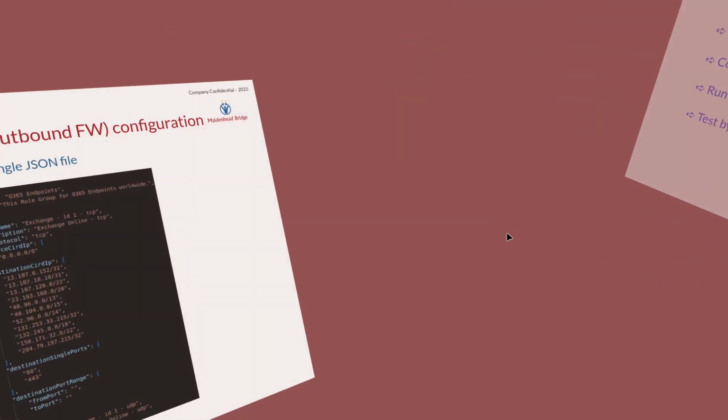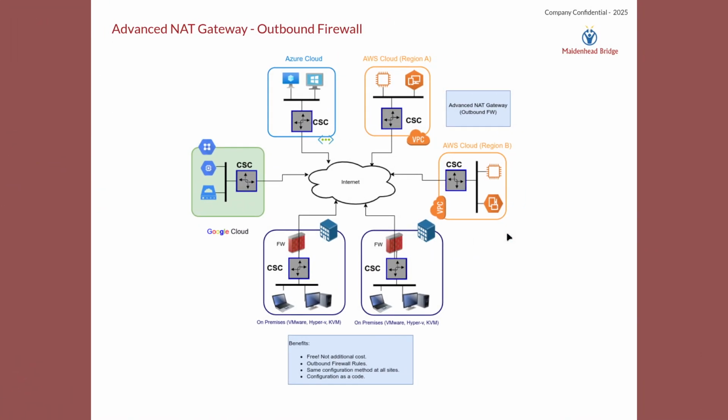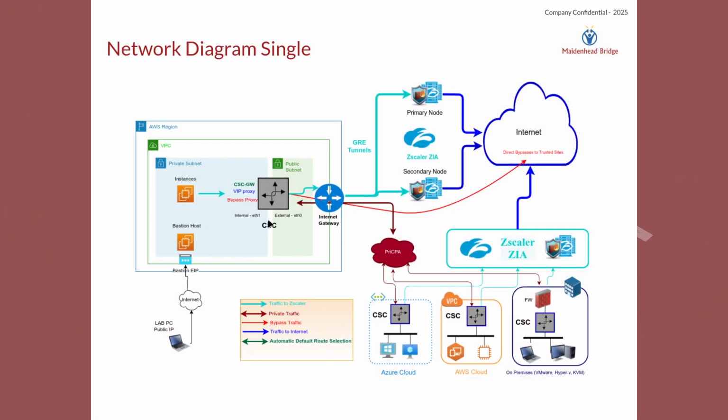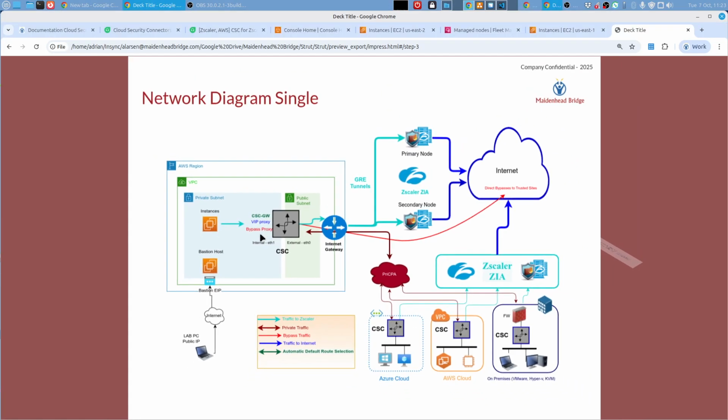Okay, let's go back a little bit to the network diagram we have here. Then we are going to apply policies on my entire network, and the first thing I need to do is reach this instance, and I will test right now, before applying policies, what happens.